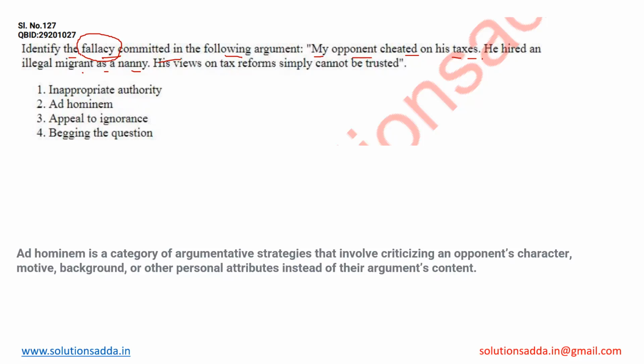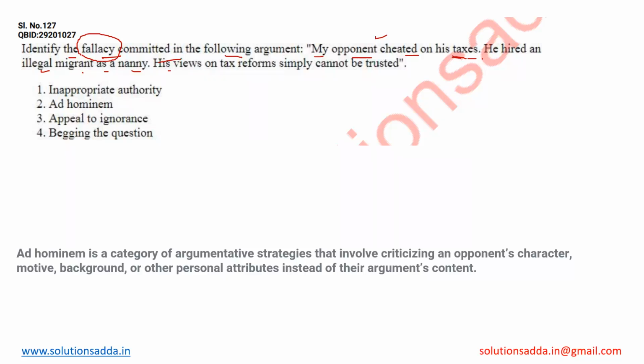So you can see initially in the sentence that the person is talking about taxes, and right after he is talking about an illegal migrant as a nanny, which is not related to the first sentence, because this is a different thing and that is a different thing. His views on tax reform simply cannot be trusted.